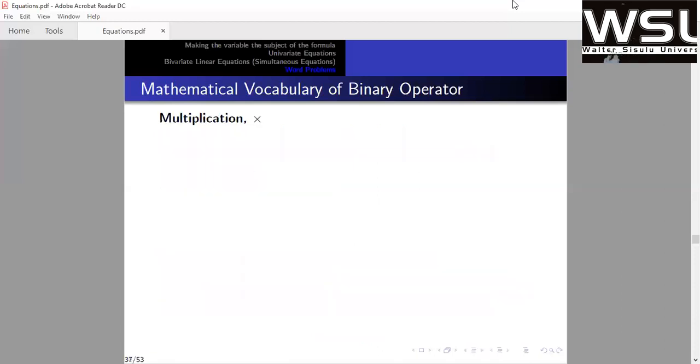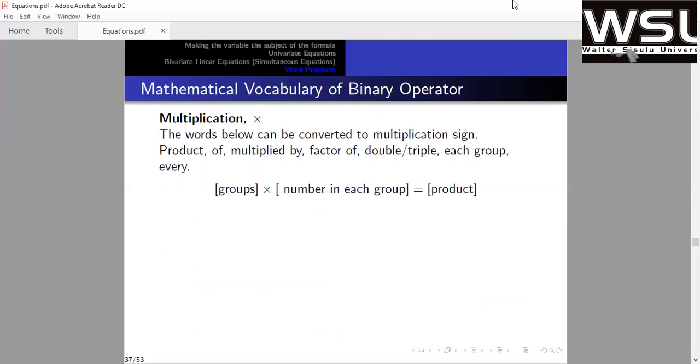Then we've got multiplication. Multiplication is times. And then the words can be converted to product of, multiplied by, factor of, double, triple, quadruple, each group, every, and so on and so forth. And the general formulation would be the group multiplied by the number in each group, and remember that each now appears again, to form that particular product.